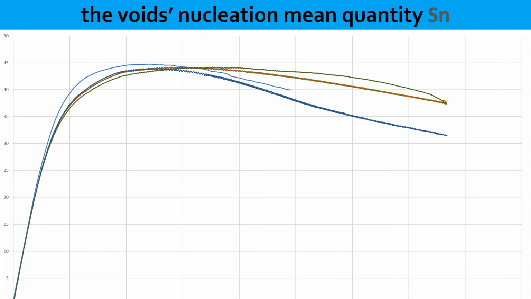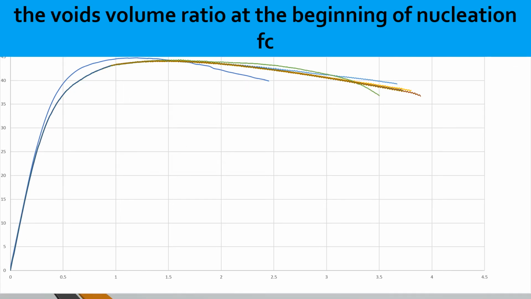We have a new parameter, the void nucleation mean strain, Sn. As you can see here, a small change in this parameter influences our results. And we have another parameter, Fc. A small change in this parameter also influences our results.